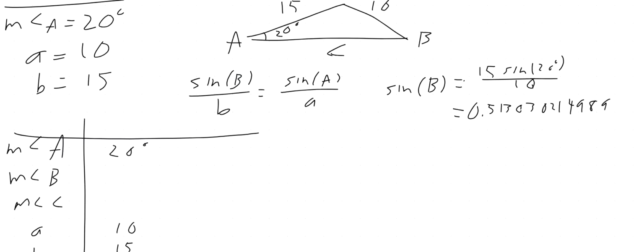All right, but be careful. That is not your angle B. That is sine of angle B. In order to find angle B, the measure of angle B, we need to do an arc sine of this.